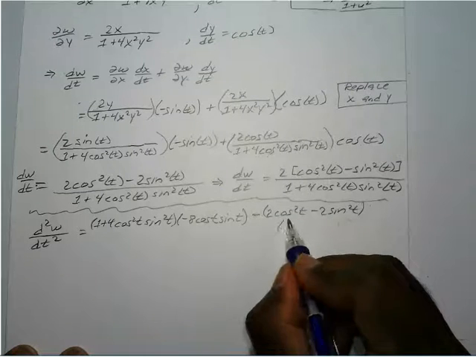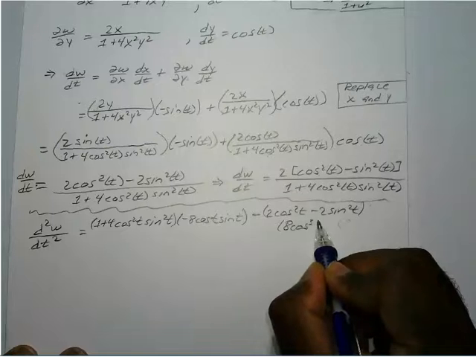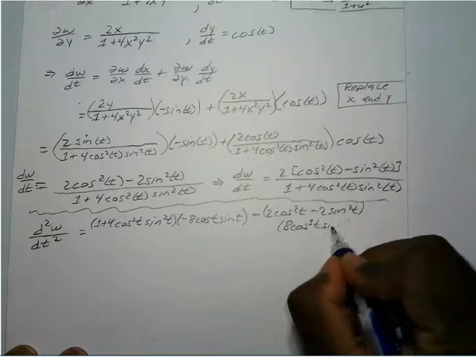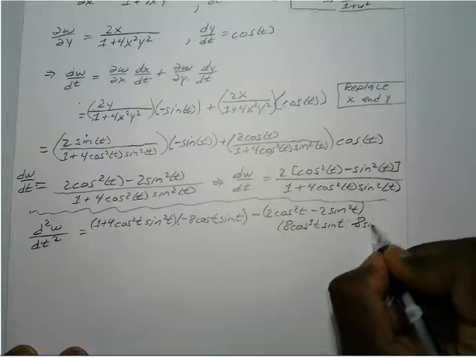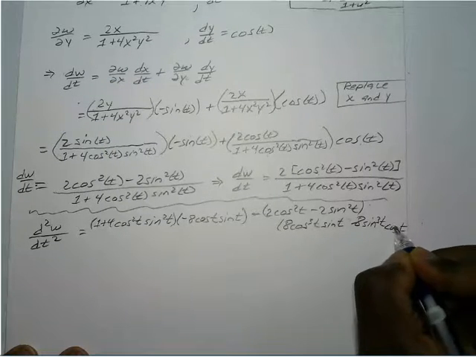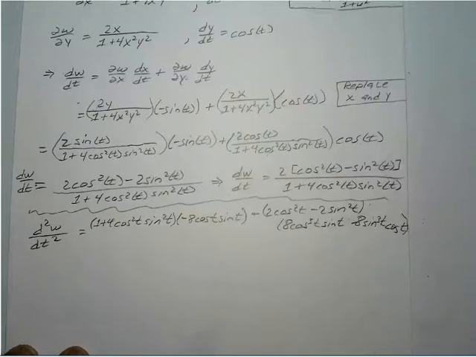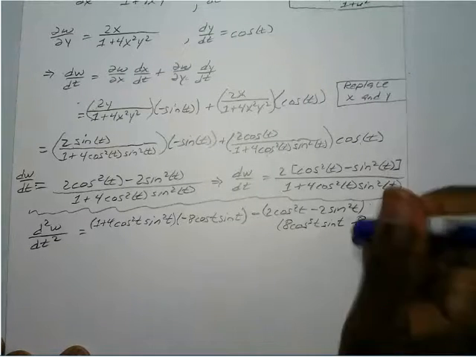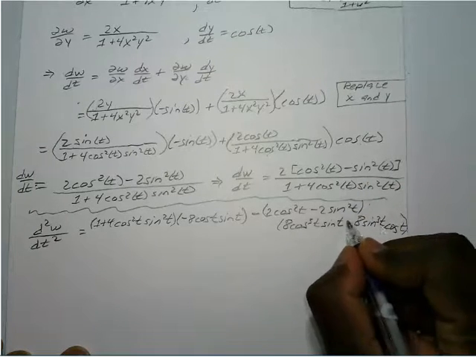So you have 8 cosine cubed t sine t minus 8 sine to the third of t cosine of t. Let me bring that minus out a little bit.